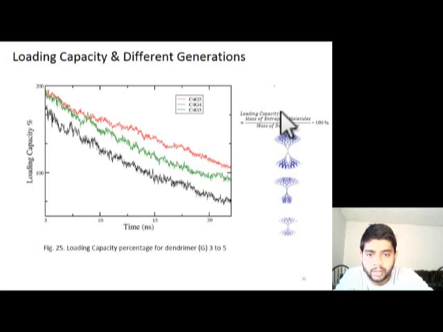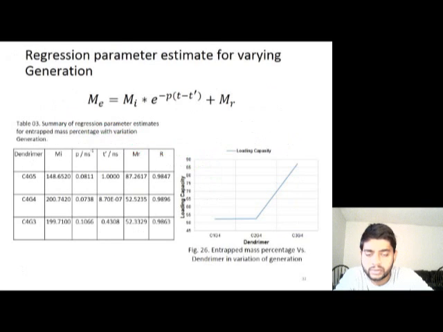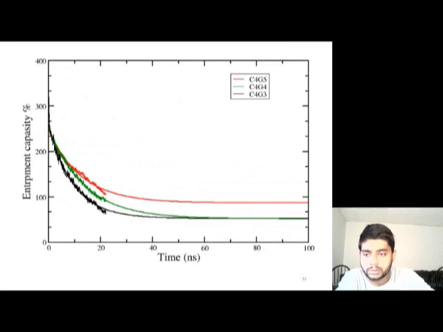We plot loading capacity versus time for different generation, and we observe the G5 has the highest stability, and we fit those data into this equation, and we observe 87% for G5, and those data fitted around 0.98 R squared value. This is our predicted graph for different generation.